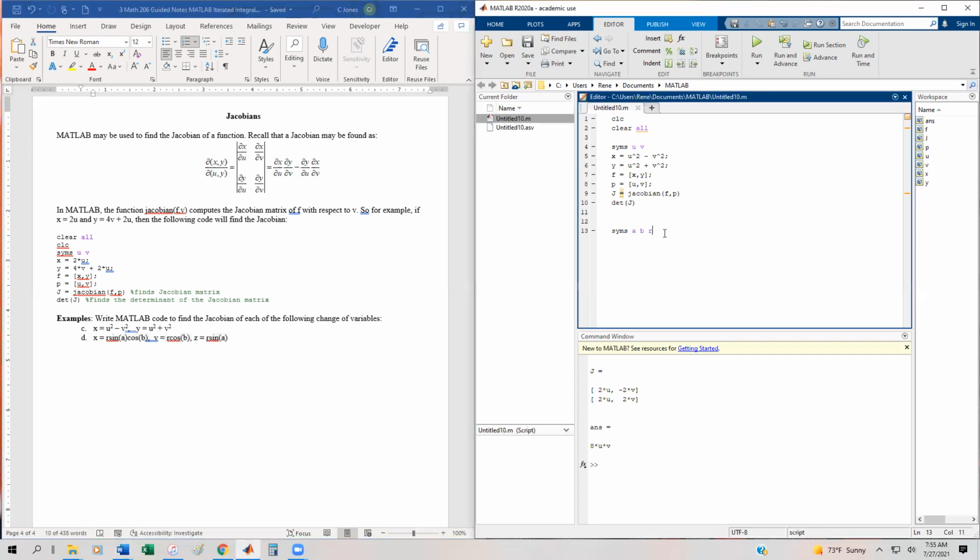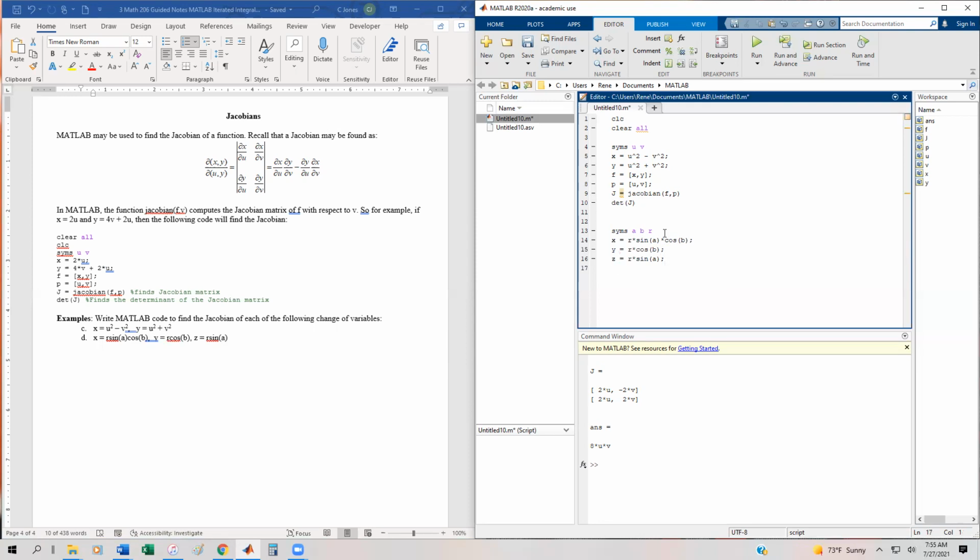So let's define x to be equal to r times sine of a times cos of b. Then we're going to have variable y, which is r cos of b. And finally, a variable z, which is r sine of a.